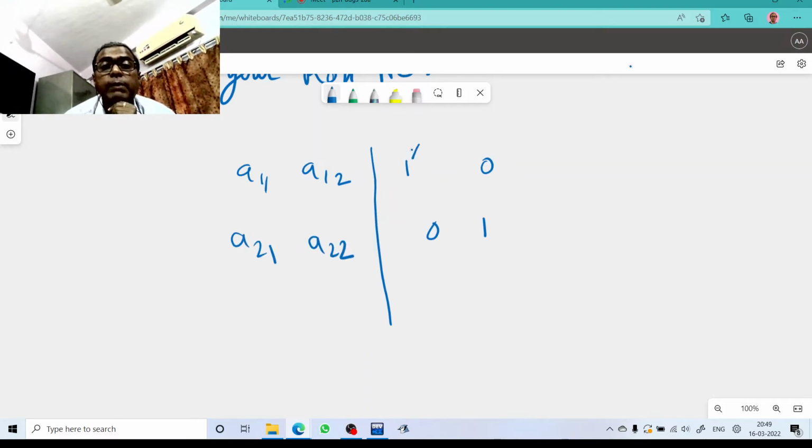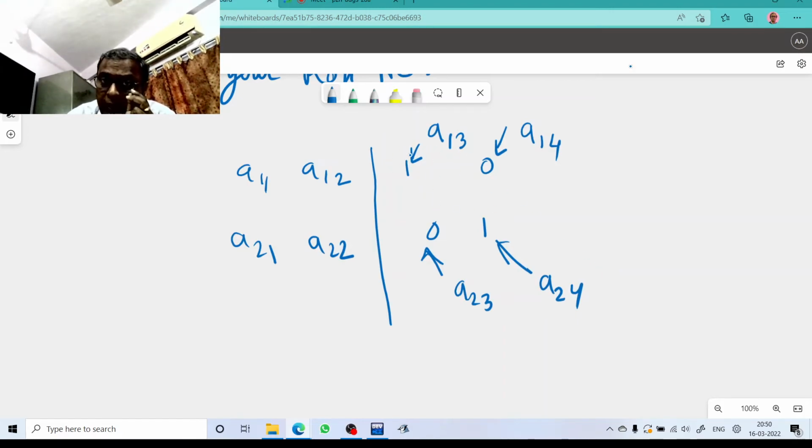The identity elements we rename as A13, A14, A23, and A24.